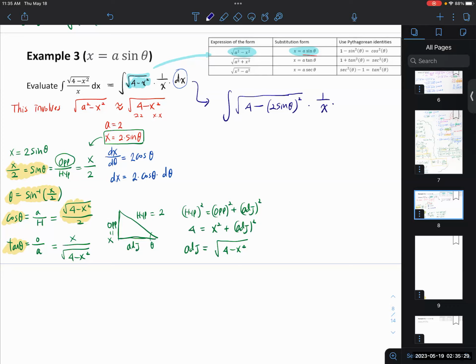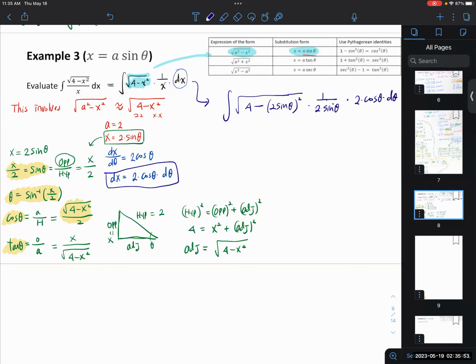But x is also 2 times sine theta, so I'm going to change this in terms of theta. And then for dx we got 2 times cosine theta d theta. So that's how I converted everything in terms of theta.